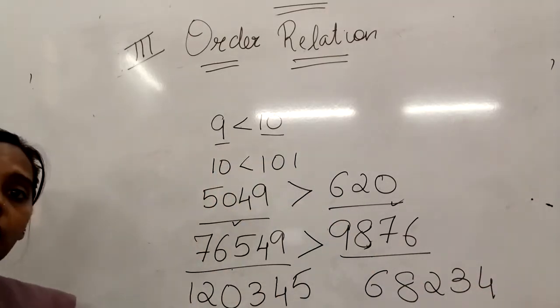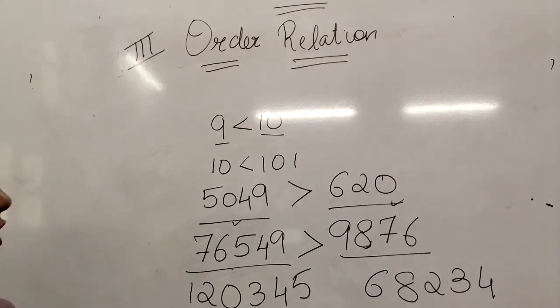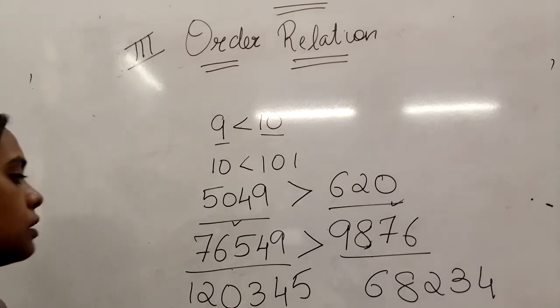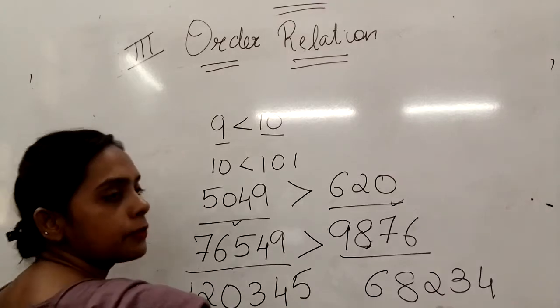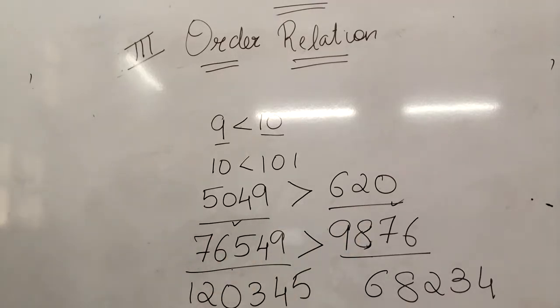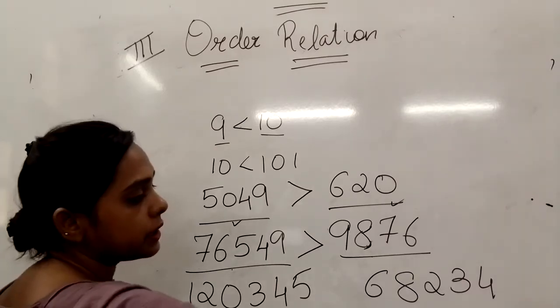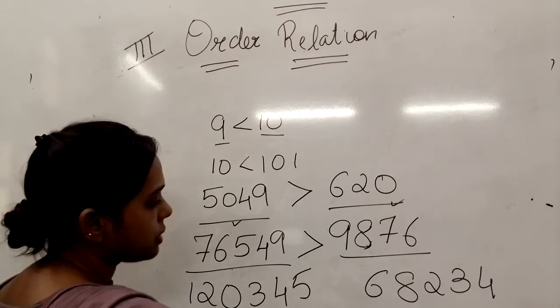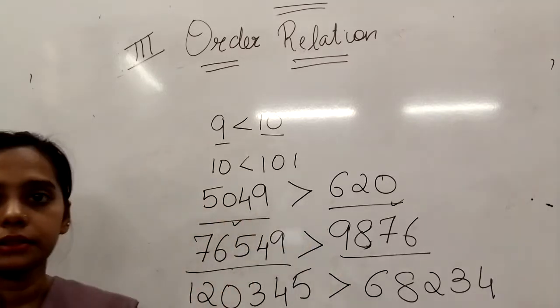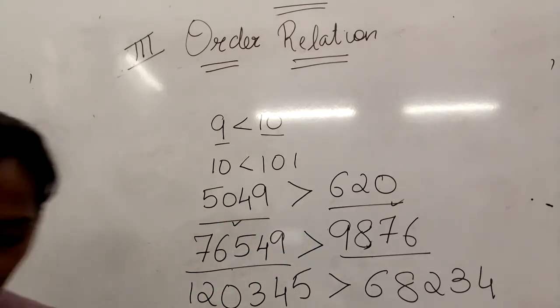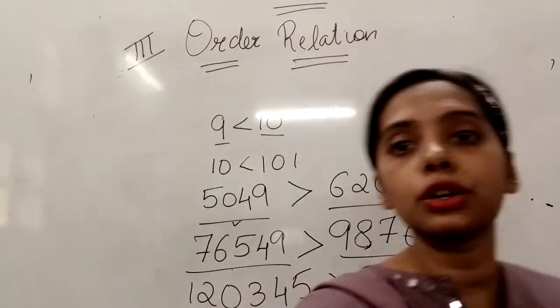So again, if I ask you to put a relation here, which number is greater, what will you do? Straight up count the digits, 6-digit and 5-digit number. So you all know that the number with more digits is always the greater number. So here the 6-digit number will always be greater than the smaller digit number. So your sign will be this. Understood? I hope this is very much clear to you.